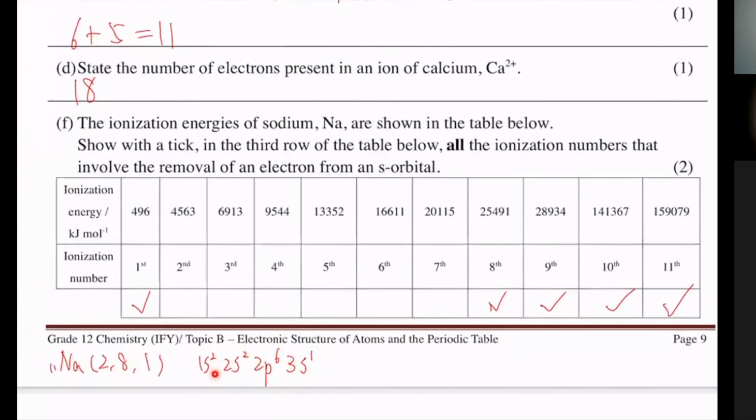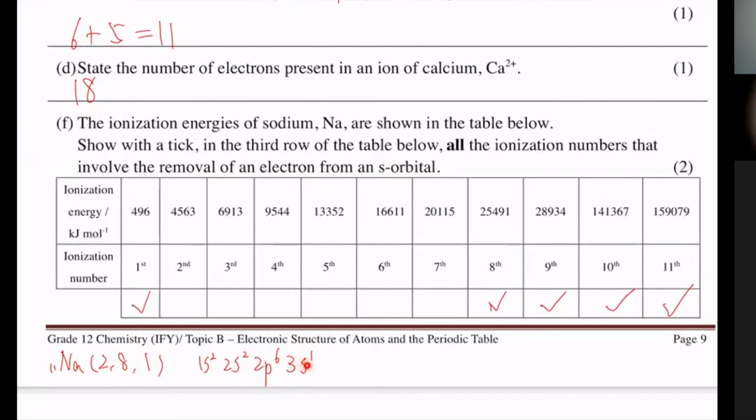So you know the configuration, how you work this out. But for ionization energy, you're gonna look at it backwards because we're gonna remove the outermost electron first. So we're gonna remove this one first from the third shell, right? So the outermost electron, this one is in the 4s subshell. So that's an electron removed from an s orbital.